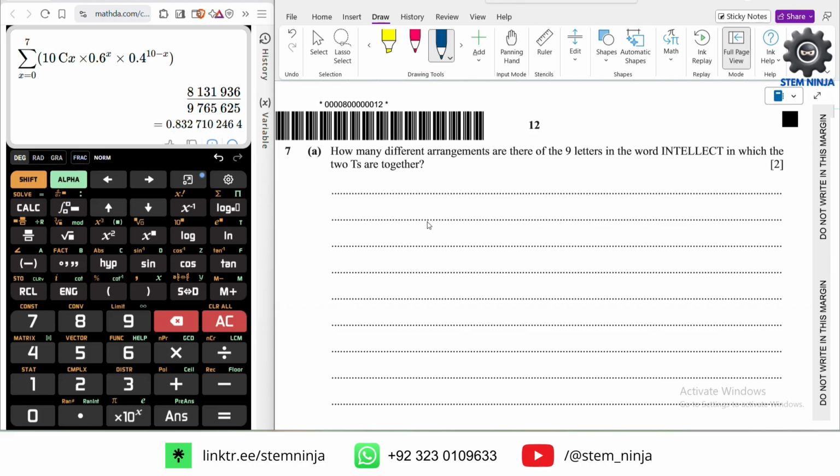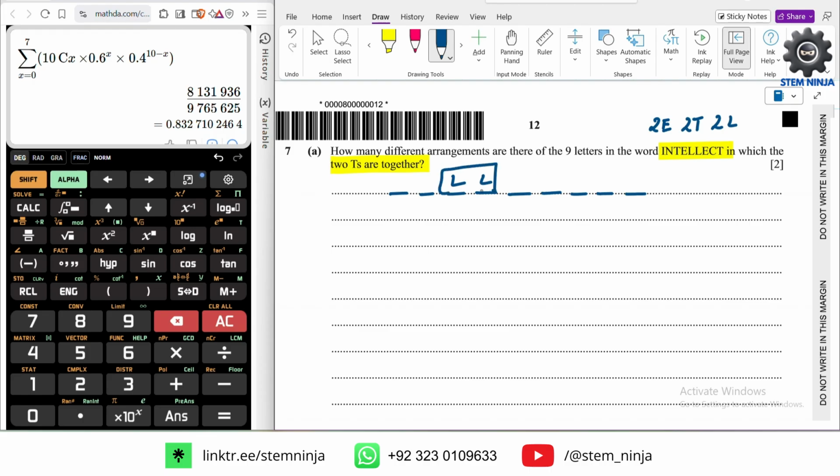Question number 7. How many different arrangements are there of the 9 letters in the word intellect in which the 2 T's are together? Now, different arrangements. That means we need to take care of 2 E's, 2 T's, 2 L's, 9 letters, and the 2 T's are together.